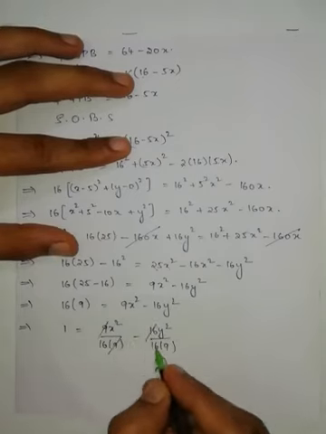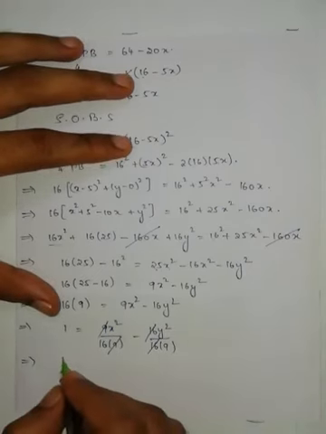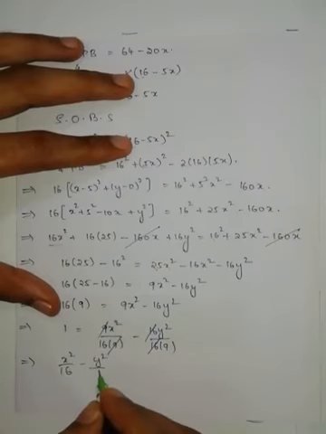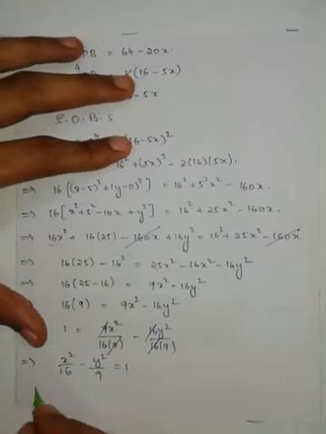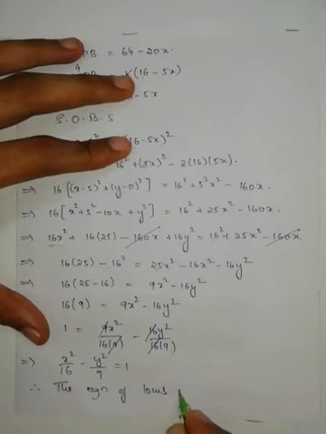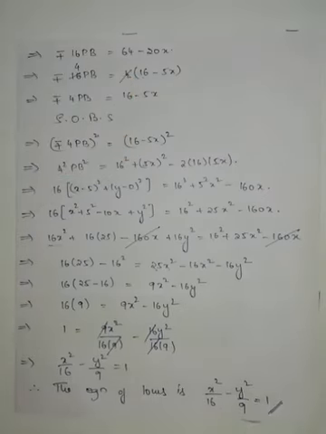The 9s and 16s get cancelled. So what you will get? x square by 16 minus y square by 9 is equal to 1. Therefore, the equation of the locus is x square by 16 minus y square by 9 is equal to 1.